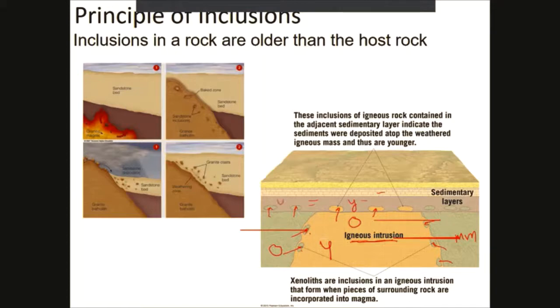So it says the shale is younger and the metamorphic rock is older, which makes sense because we already established that the shale is younger than the igneous rock and that the igneous rock is younger than the metamorphic rock. So therefore, the shale would have to be younger than the metamorphic rock, which these inclusions tell us it is. All right, so that's the principle of inclusions. The host rock is always younger.